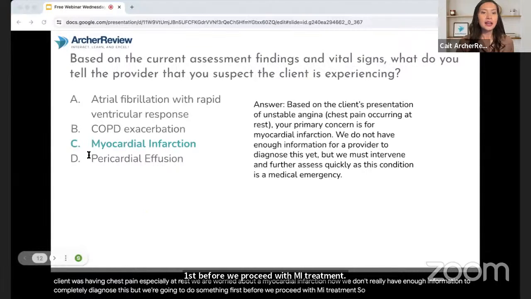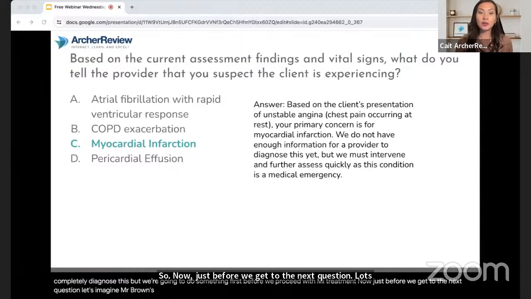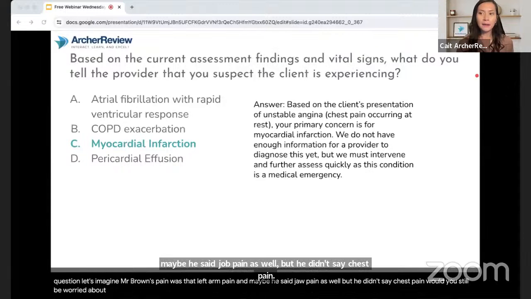So now, just before we get to the next question, let's imagine Mr. Brown's pain was that left arm pain, and maybe he said jaw pain as well, but he didn't say chest pain. Would you still be worried about an MI?